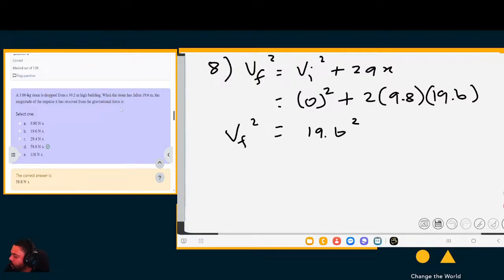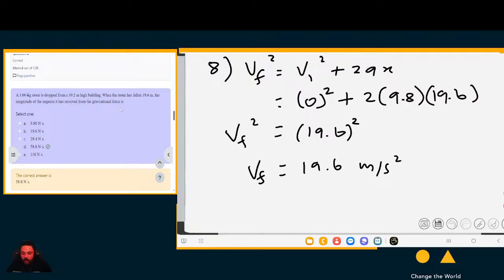So V final squared is 19.6 squared, and if you remove the squares on both sides, your final velocity is 19.6 meters per second.